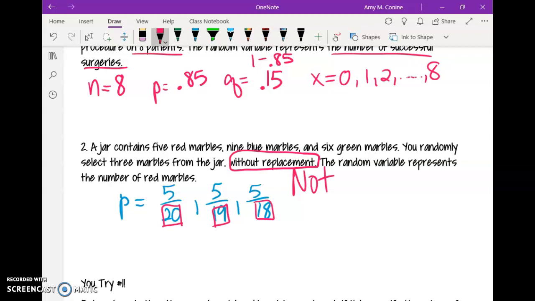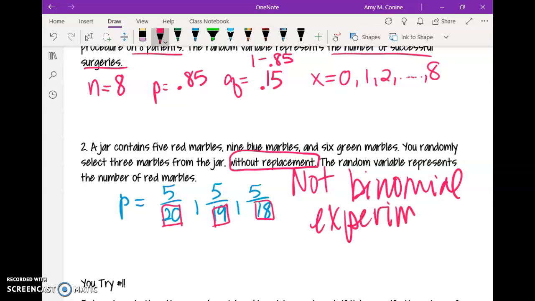And then the third trial, same thing. If you haven't picked a red marble out yet, you've picked another blue or green, you're not putting it back, which changes the probability. So it doesn't follow the third qualification that we wrote down. It breaks rule number 3.